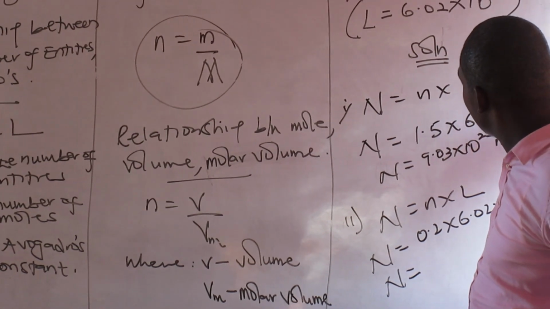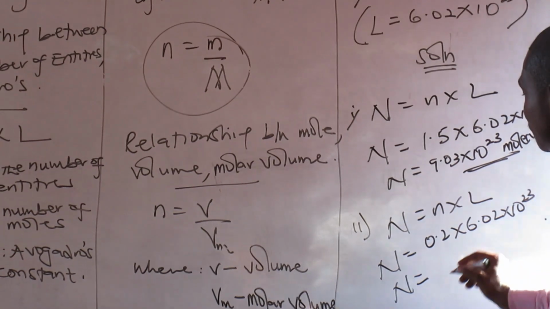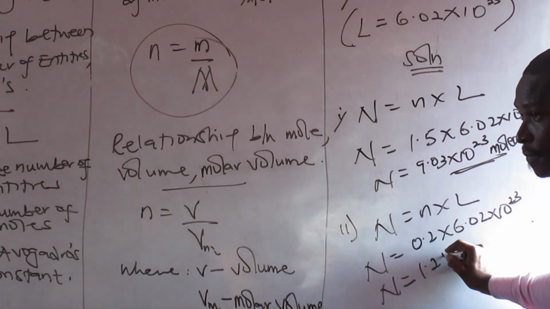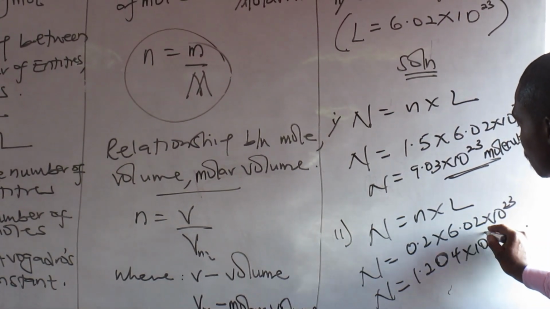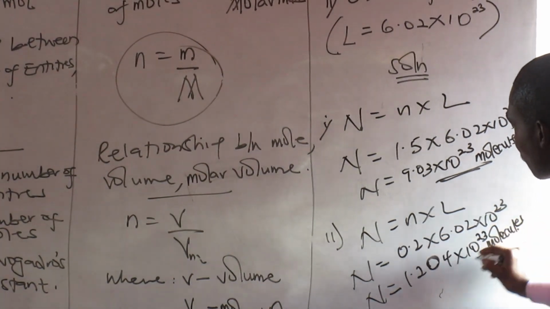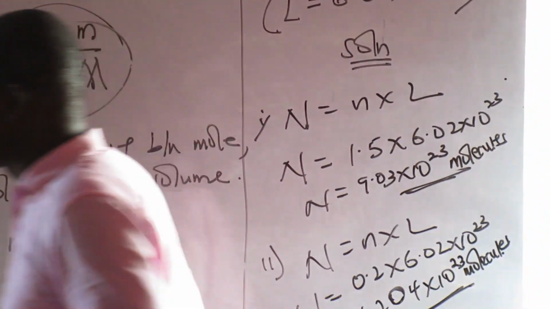The answer is in molecules, because I was asked to find molecules. That's the unit. Molecules. Okay, so be very careful when they ask you to find the number of entities.